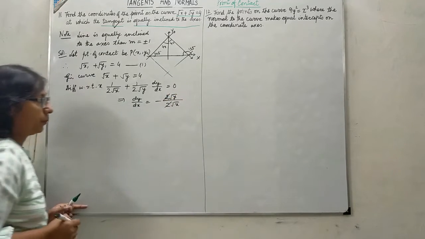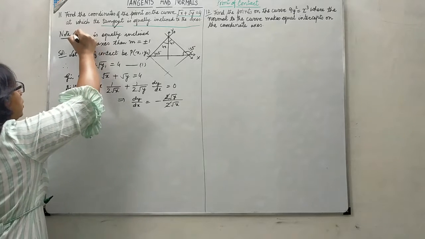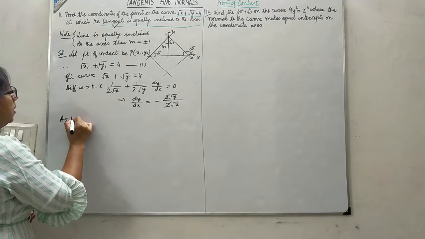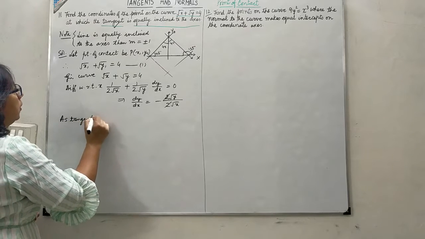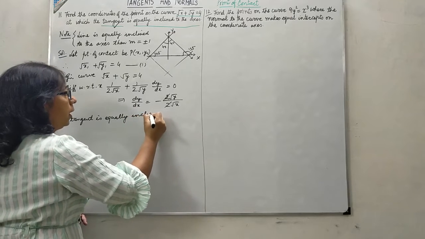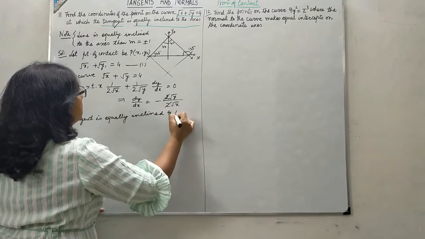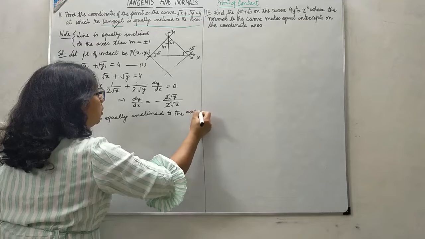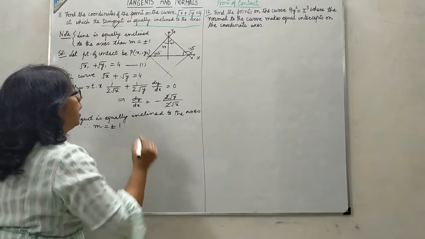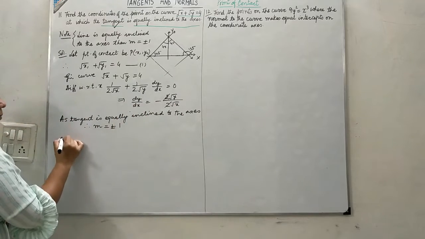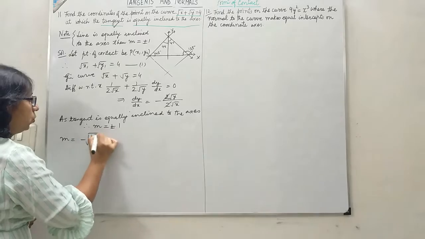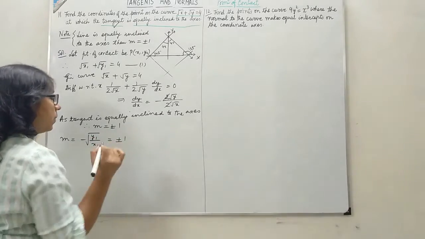the 2 cancels out. Now we have just studied this condition, so we will simply write that the tangent is equally inclined to the axes. Therefore its slope must be plus minus 1. And at point P, m is minus root y1 by root x1, which is given as plus minus 1.